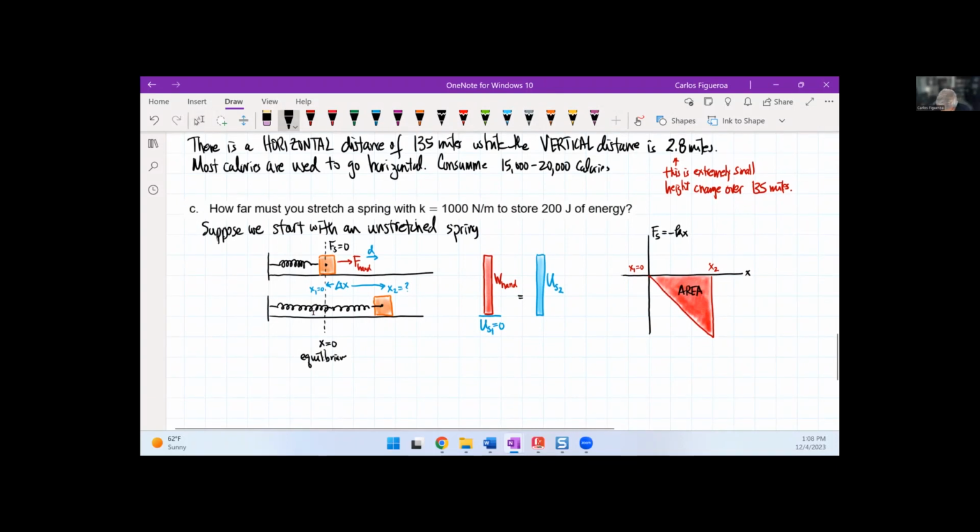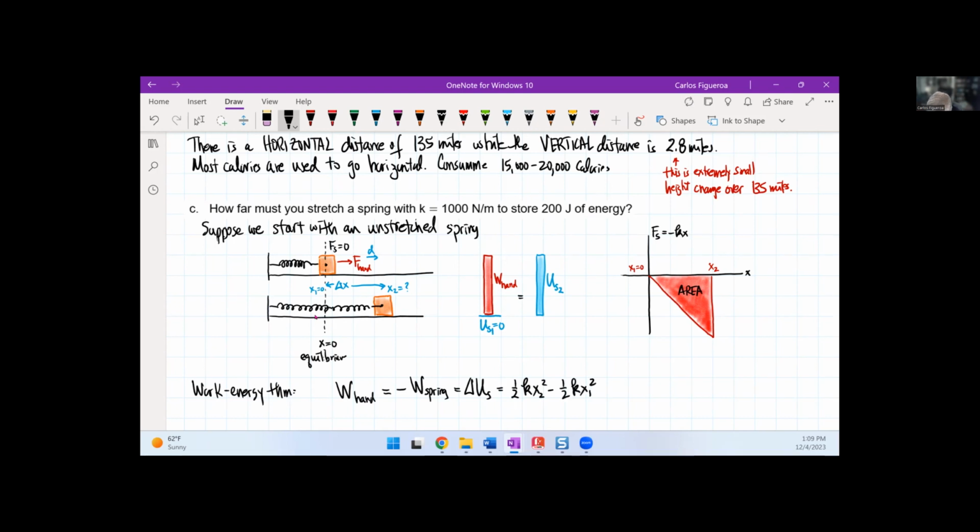According to the work energy theorem, the work of my hand is also the negative work of the spring. That work gets stored in the rungs of the spring, and this is equal to the change in the spring potential. So from what we showed last time, this would be 1/2 kx2 squared minus 1/2 kx1 squared.